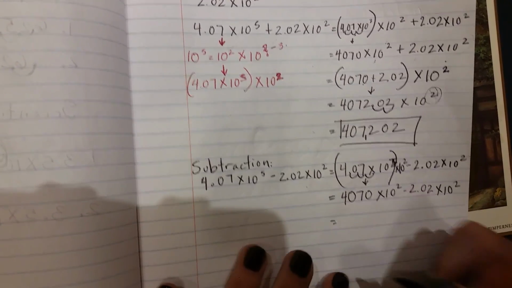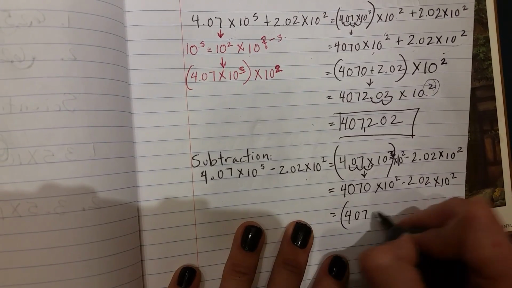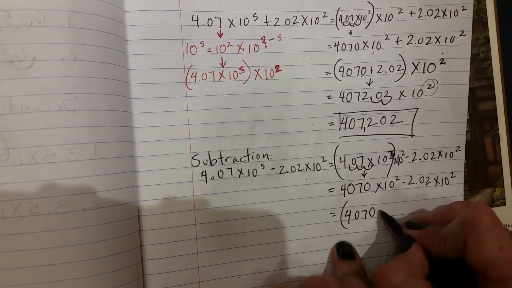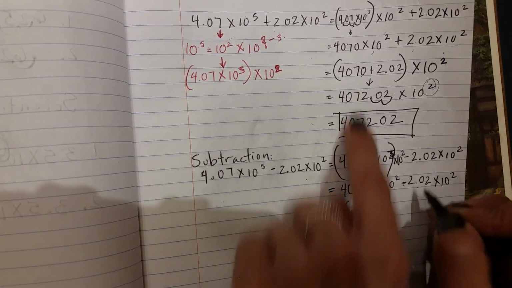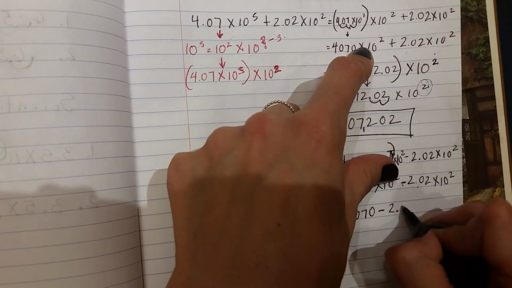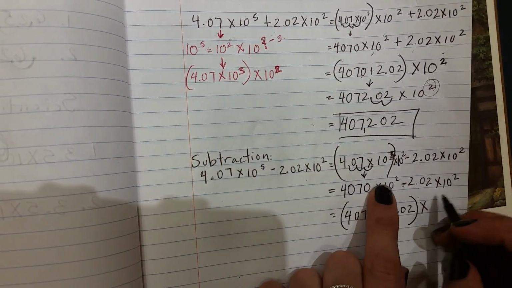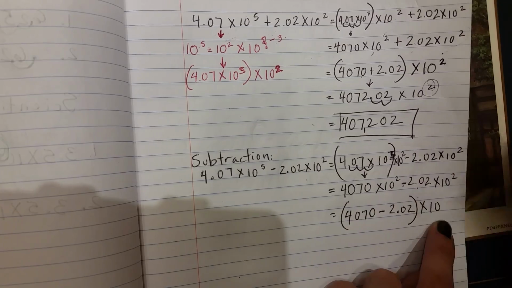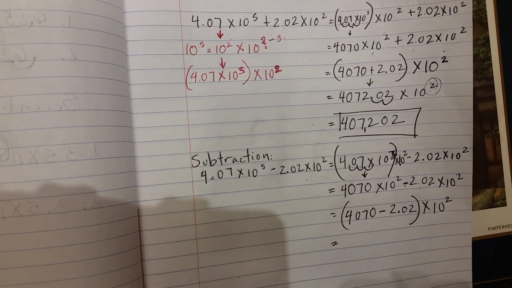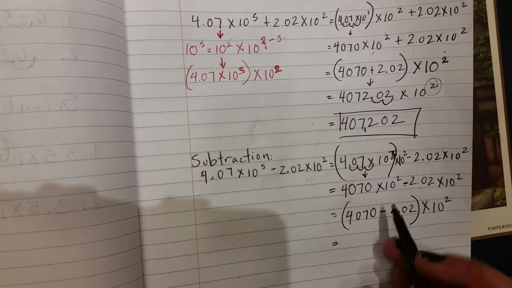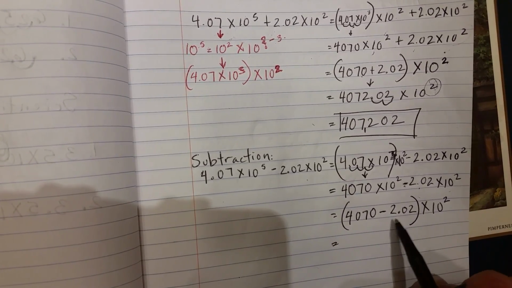Okay, 8th grade. Now we combine like terms. So my numbers that are written in standard form, see those are the same. We're going to subtract instead of add this time. You're probably thinking, yes, Miss McKenna, I see that pattern. And if you saw it, pat on the back. Like terms, 10 squared, 10 squared. All right. And now subtracting 2.02 from 4,070.